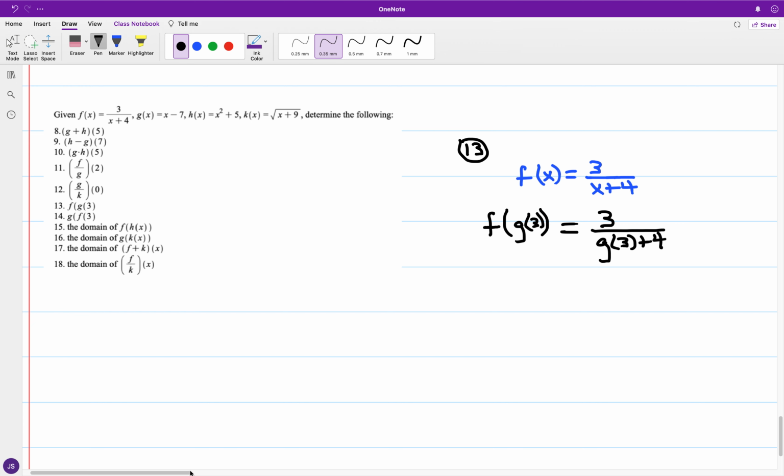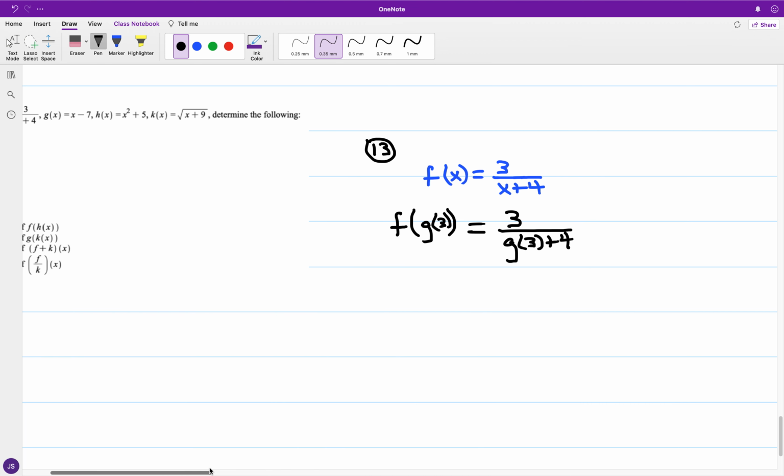Now I want to specify what g of 3 is going to be. Referencing g of x, g of 3 is equal to 3 minus 7, which will be -4.